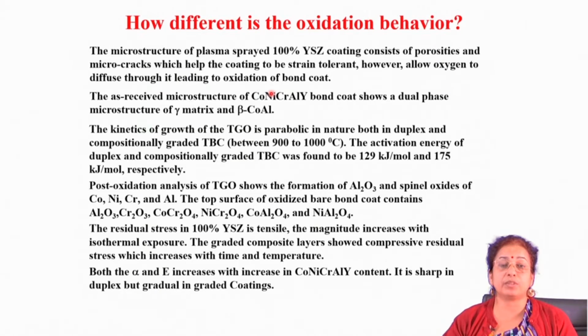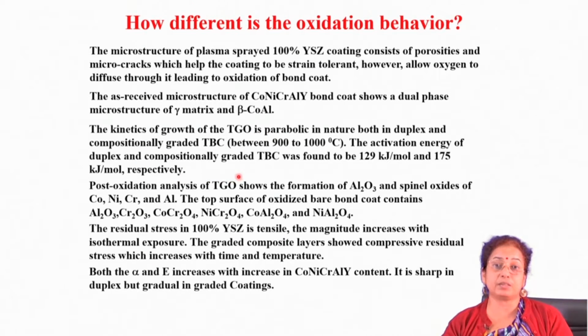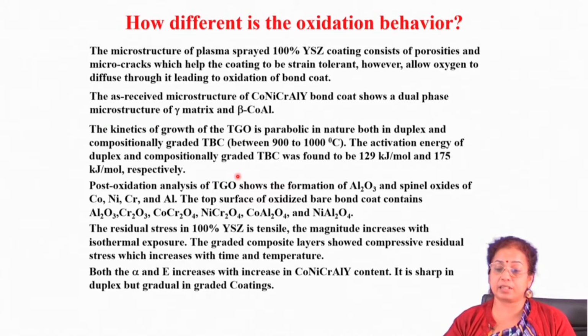On the other hand, when you have the combination of CoNiCrAlY and YSZ, it reduces the quantity of oxygen transported towards the bond coat. Kinetics of growth of TGO is parabolic in nature, and the activation energy of the duplex coating, naturally because of the gradation, is higher for the oxidation.